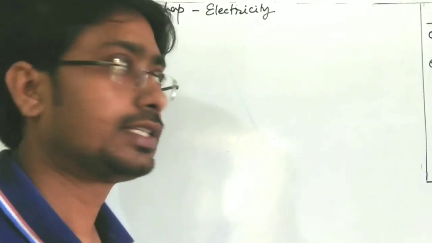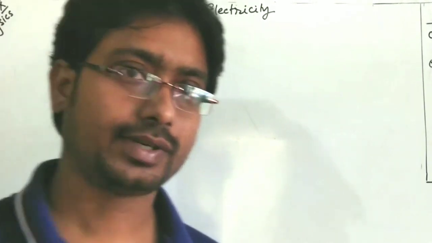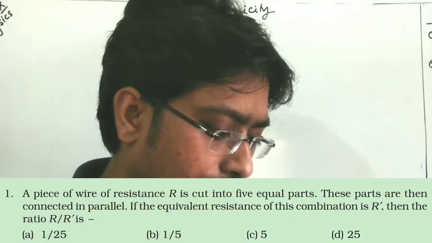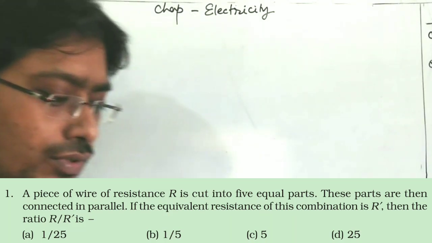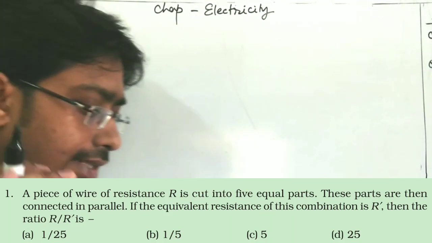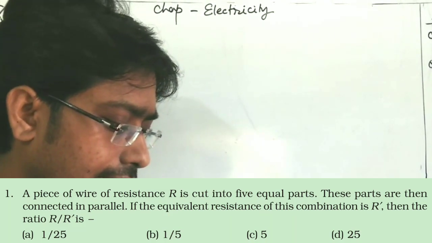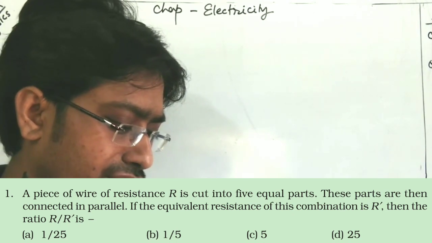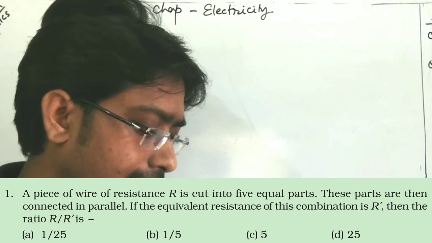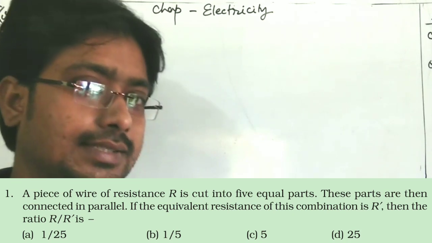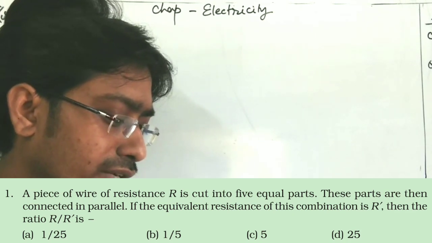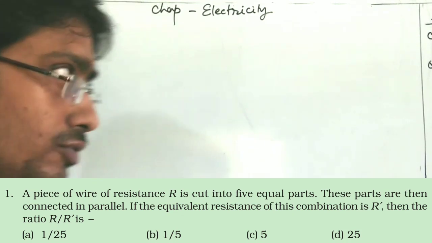Now today we will cover the chapter end exercise. The first question is: a piece of wire of resistance R is cut into 5 equal parts. These parts are then connected in parallel. If the equivalent resistance of this combination is R dash, then find the ratio R by R dash. The options are given, find it out.